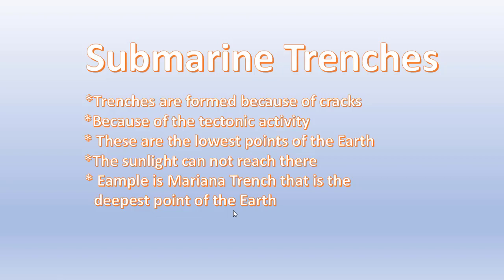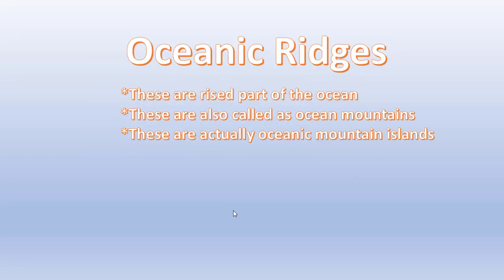Example is Mariana Trench, that is the deepest point of the earth. Oceanic ridges. These are raised parts of the ocean. These are also called ocean mountains. These are actually oceanic mountain islands.